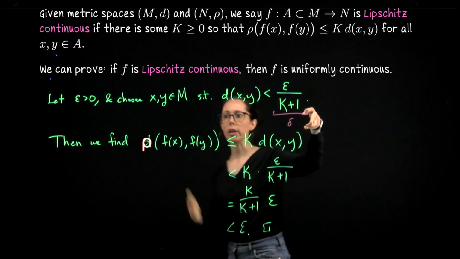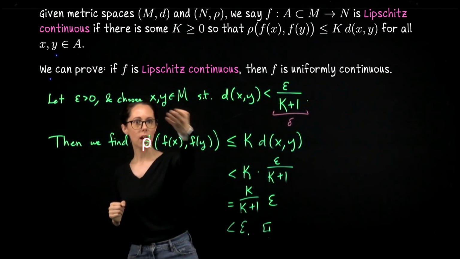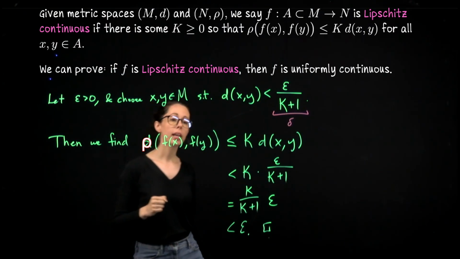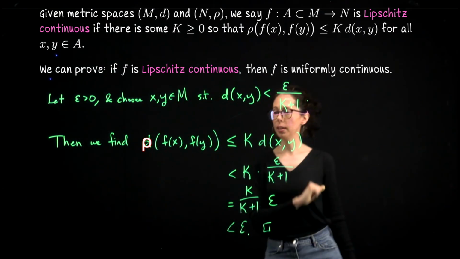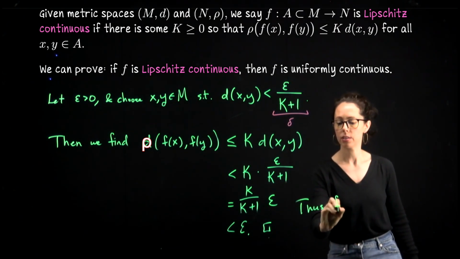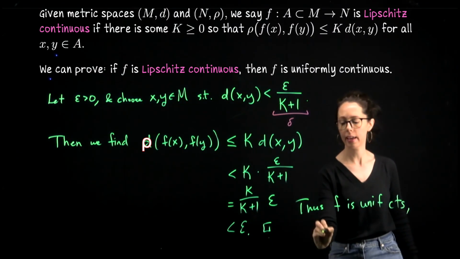The same delta works for any pair of inputs so that when you evaluate the function on any such chosen pair of inputs, the distance between f of x and f of y is strictly less than epsilon. So maybe I should add here, thus, f is uniformly continuous and so continuous.